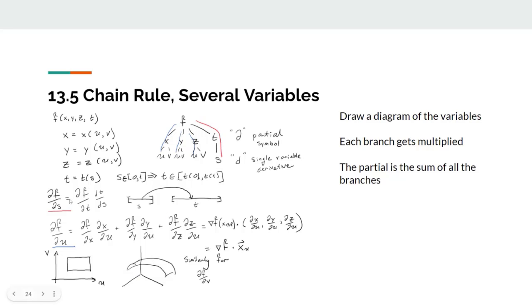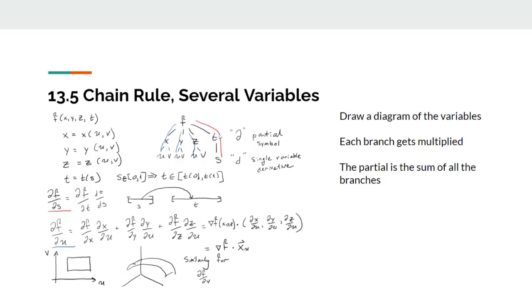Anyways, if we want the derivative of this, we have to use this chain rule for several variables. So partial f with respect to s: you don't always, but most of the time you look at the derivatives at the end of the chain. So we want partial f with respect to s. We go partial f, partial t.